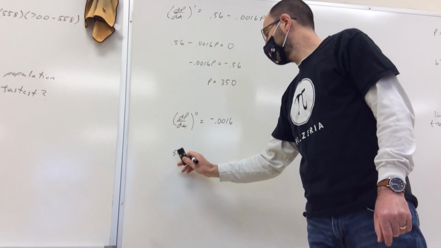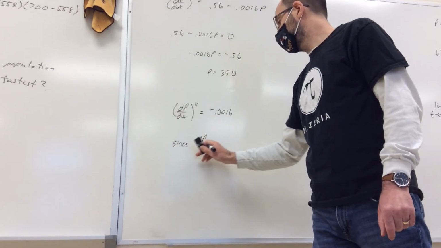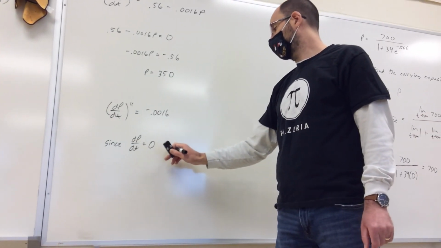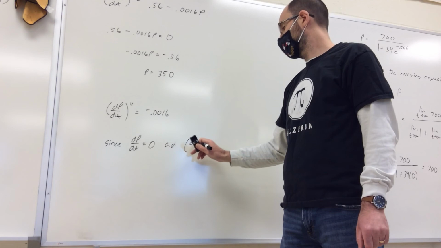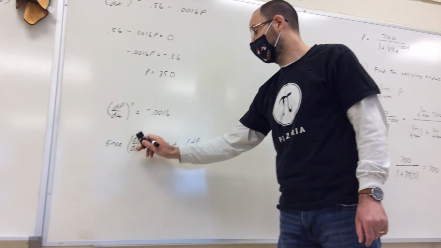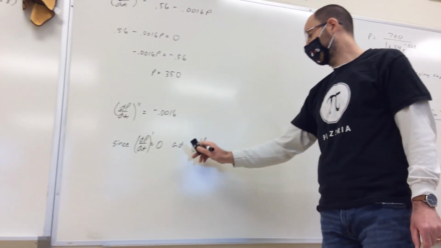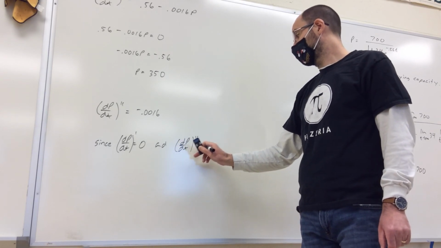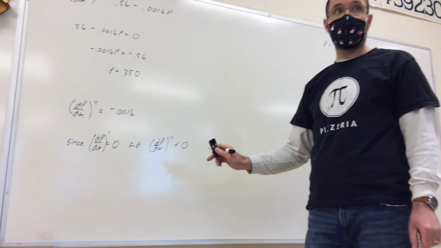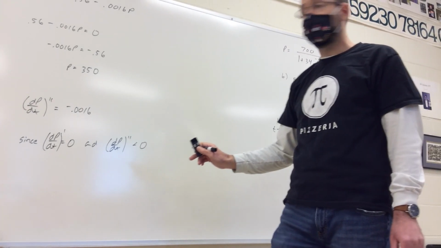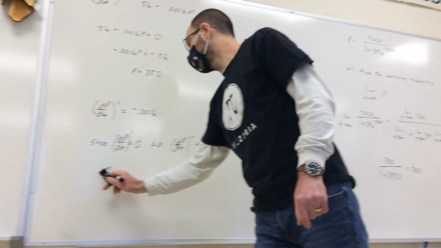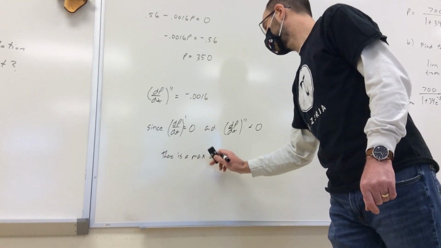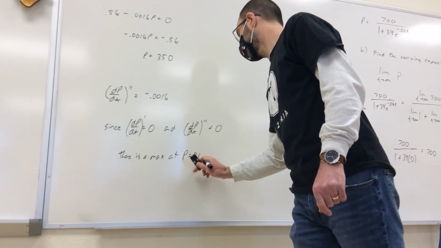Since dp dt prime equals 0 and dp dt double prime is less than 0, is negative, there is a max at p equals 350.